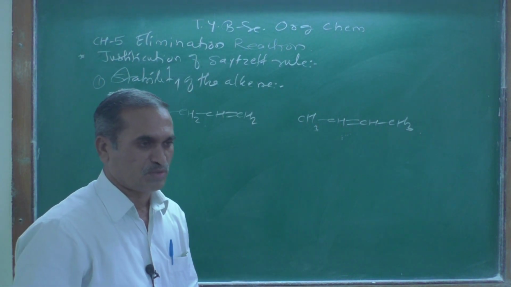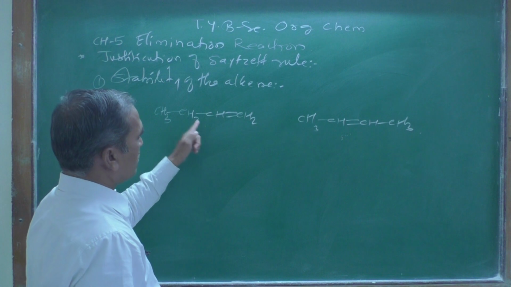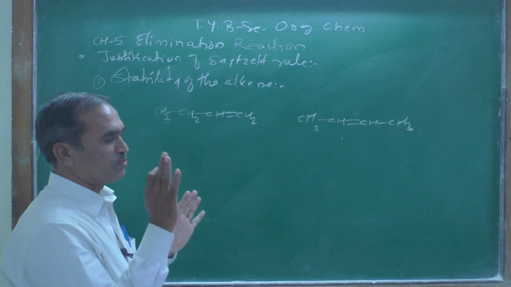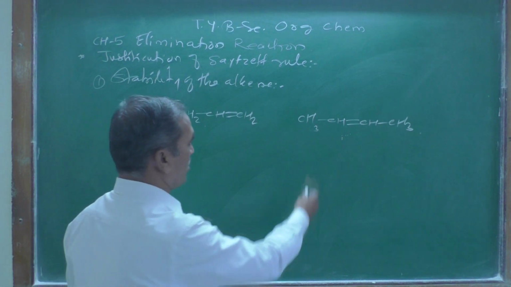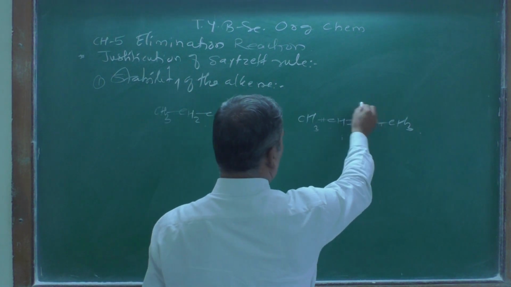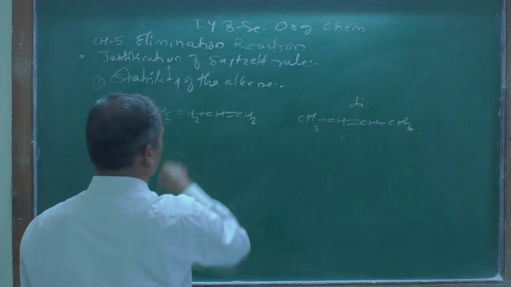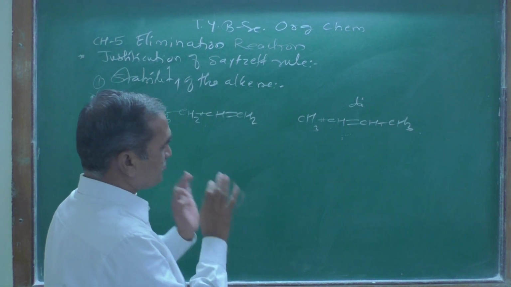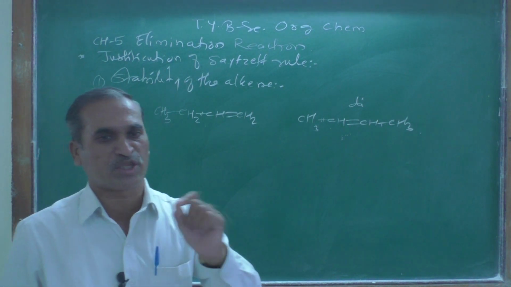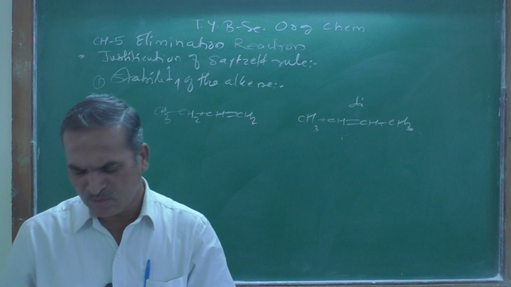According to the Saytzeff rule, in an elimination reaction the more substituted alkene is obtained as the major product, and therefore this one is disubstituted and this one is monosubstituted. If you find out the experimental energy, then what do you get?